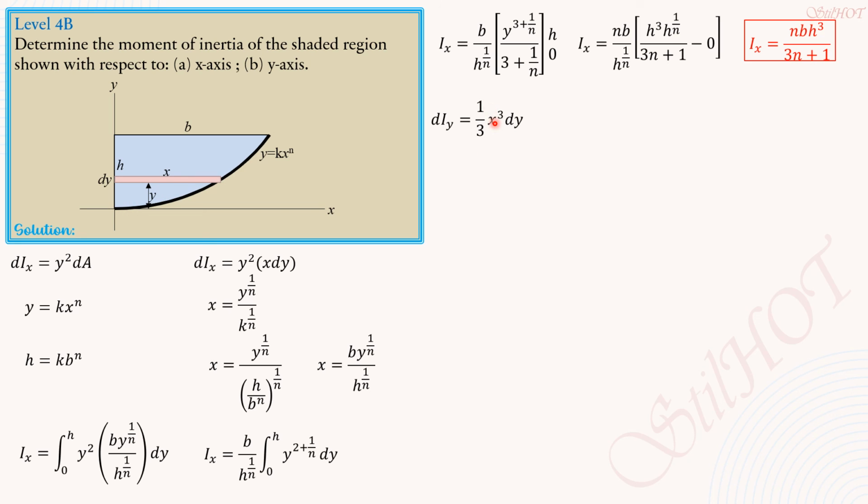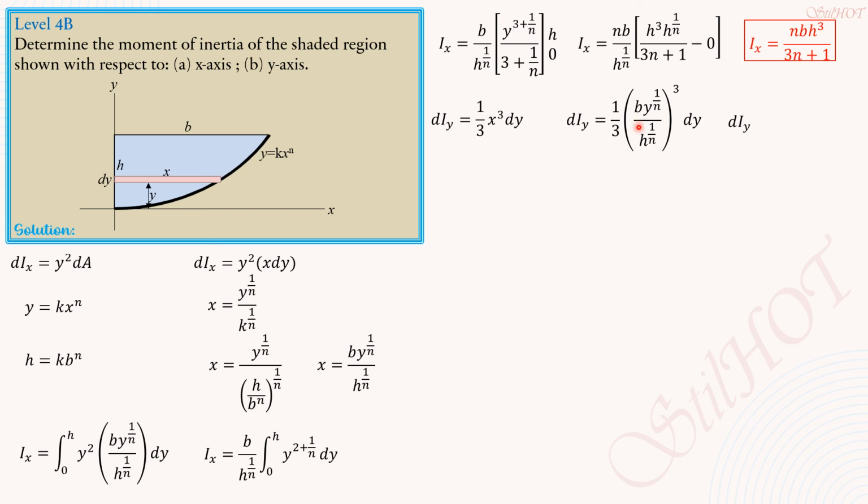So for x cubed, we just cube this. Differential Iy is 1/3 times the quantity b y to the 1 over n over h to the 1 over n, cubed, dy. The variable of integration is still y.